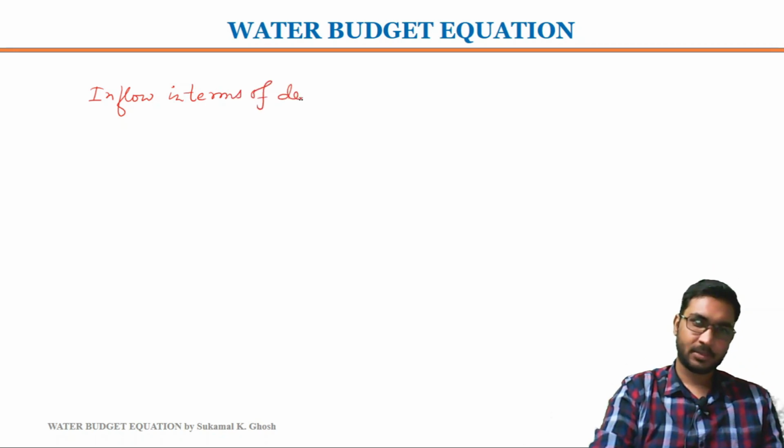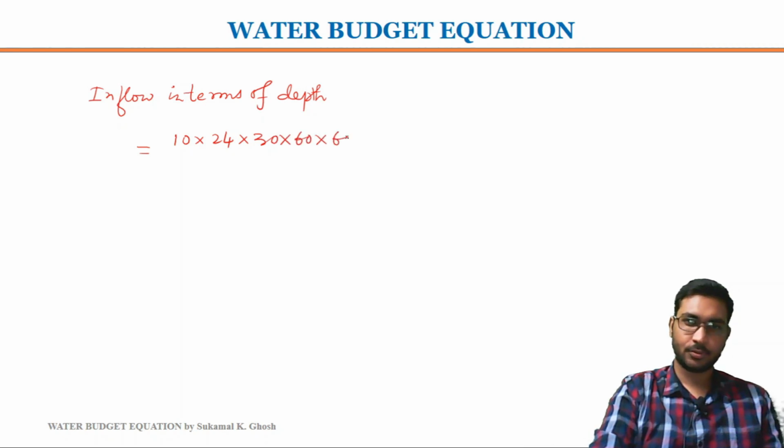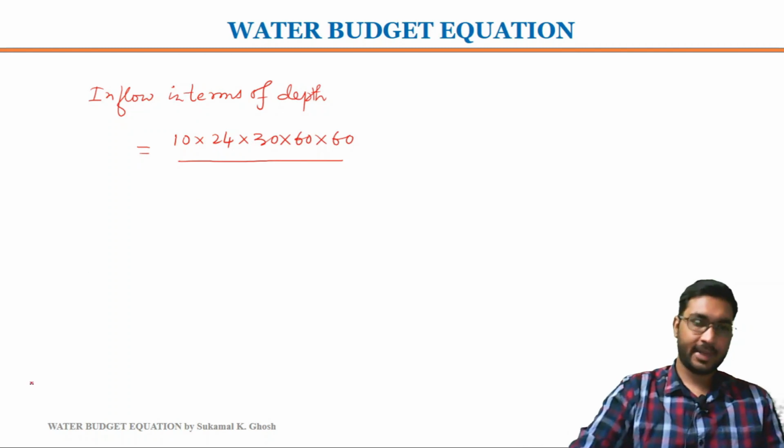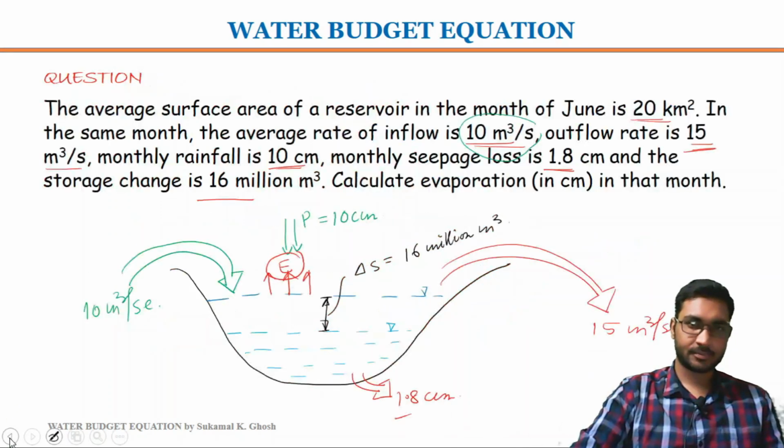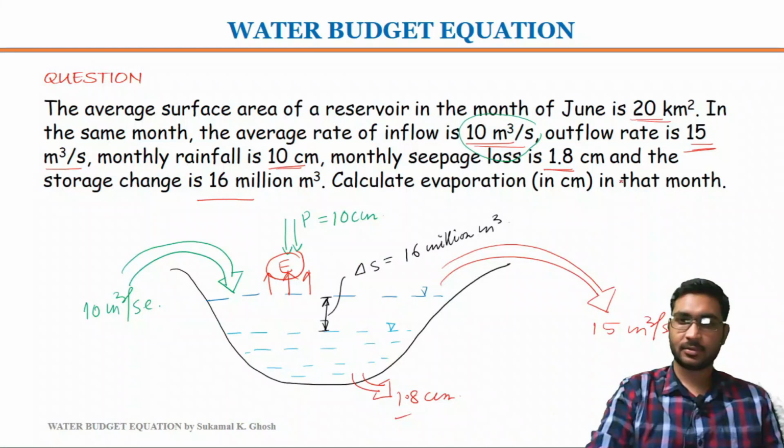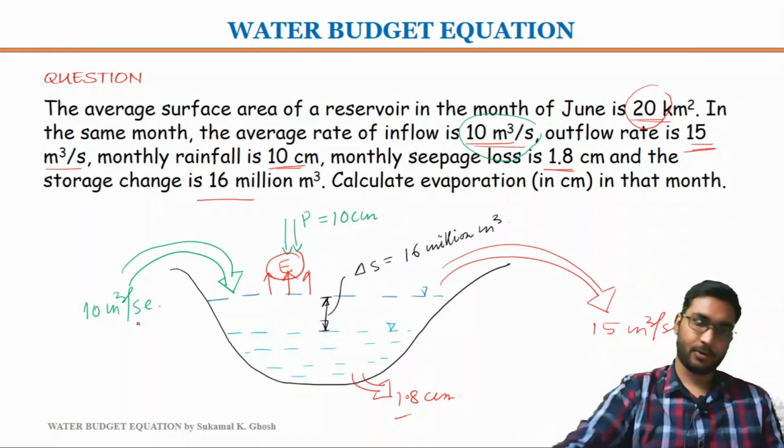The inflow in terms of depth equals 10 into 24 into 30 into 60 into 60 divided by the area. What was our area? The area is 20 kilometers square.